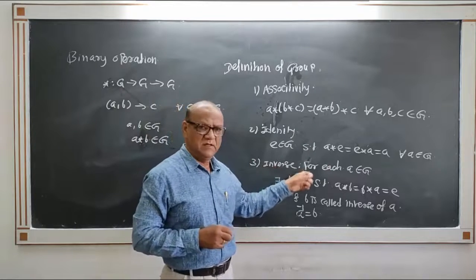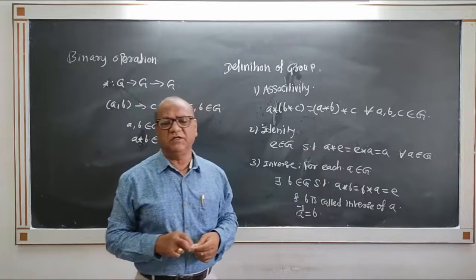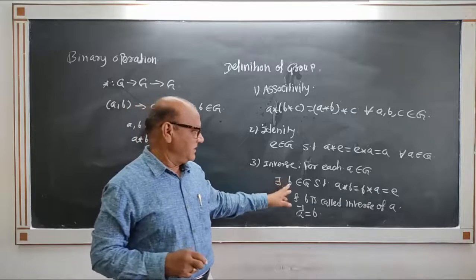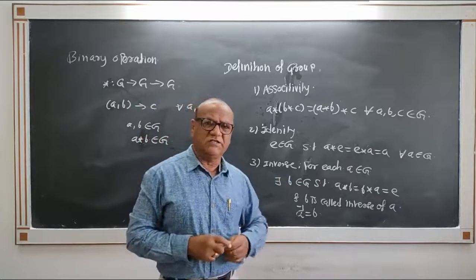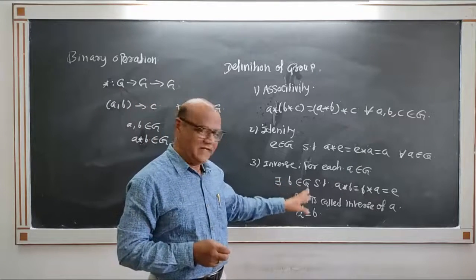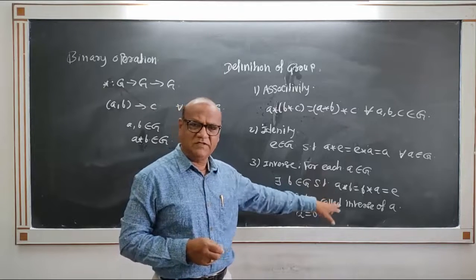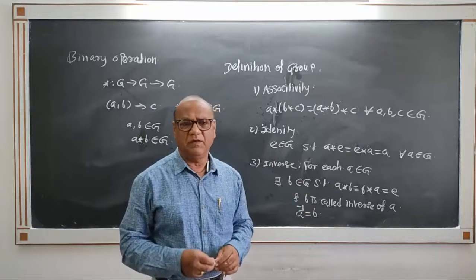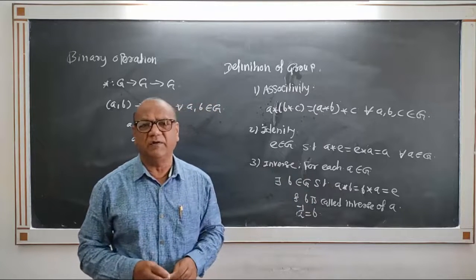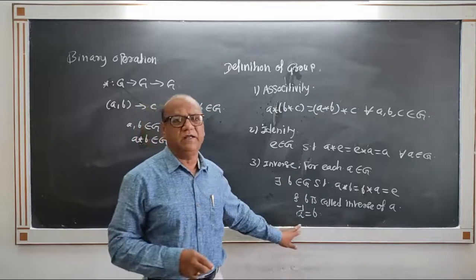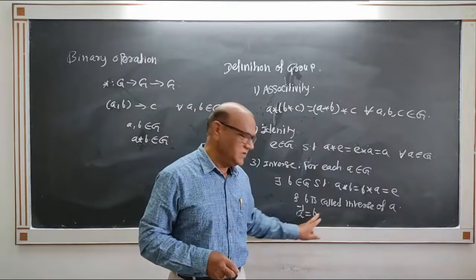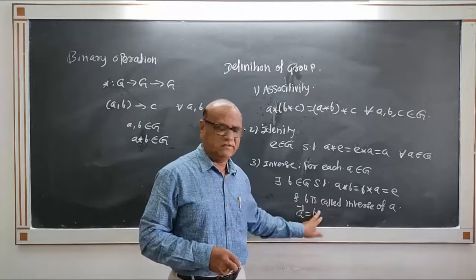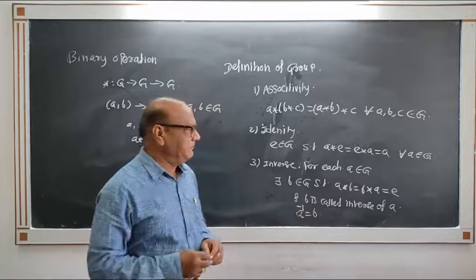And inverse, for each A belongs to G, there exists B belongs to G such that A star B is equal to B star A is equal to E. B is called inverse of A and it is denoted by A raised to minus 1 is equal to B.